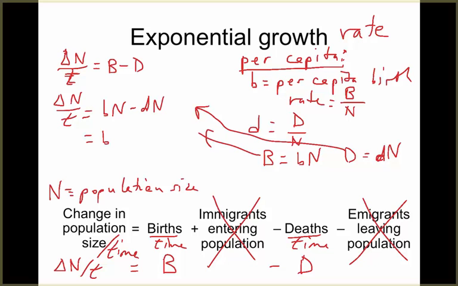Pull out the n's, and we end up with the change in population over time is just simply equal to the difference in per capita births minus deaths times the overall population size.